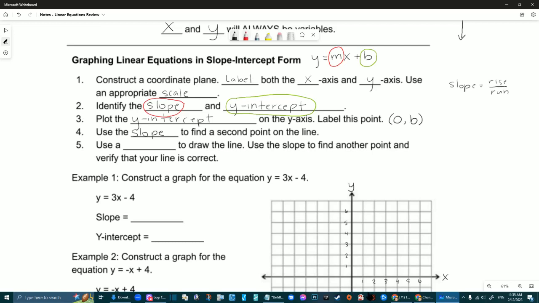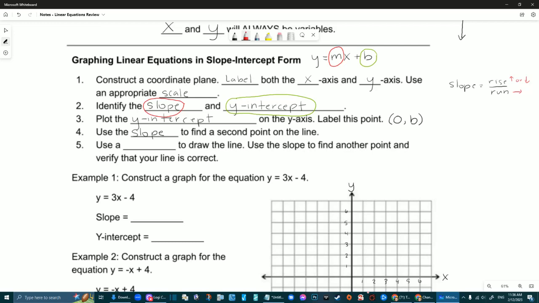So it tells us how much to go up or down, and then how much to go forward. We also remember that if slope in the equation, that m, is not a fraction, we assume that the bottom of that fraction, the run, is 1, meaning go forward 1.